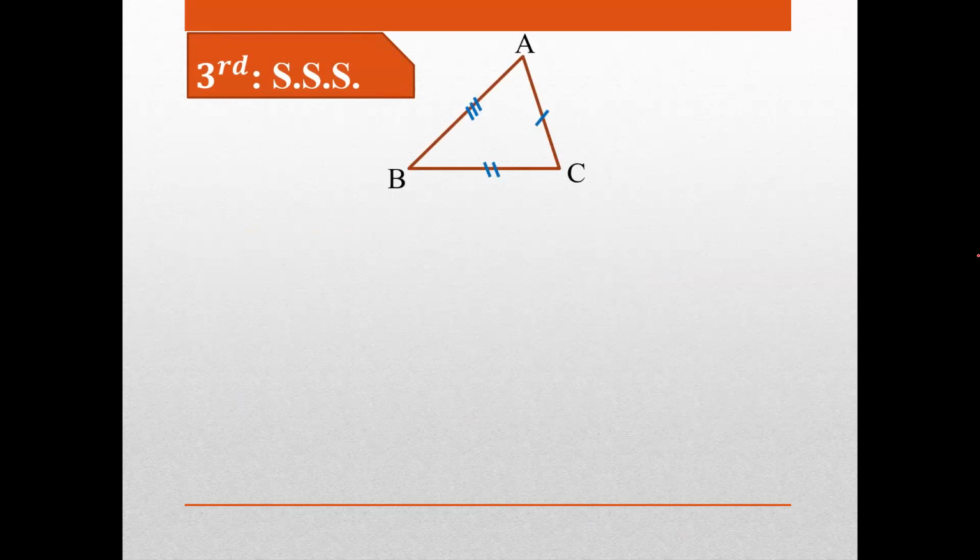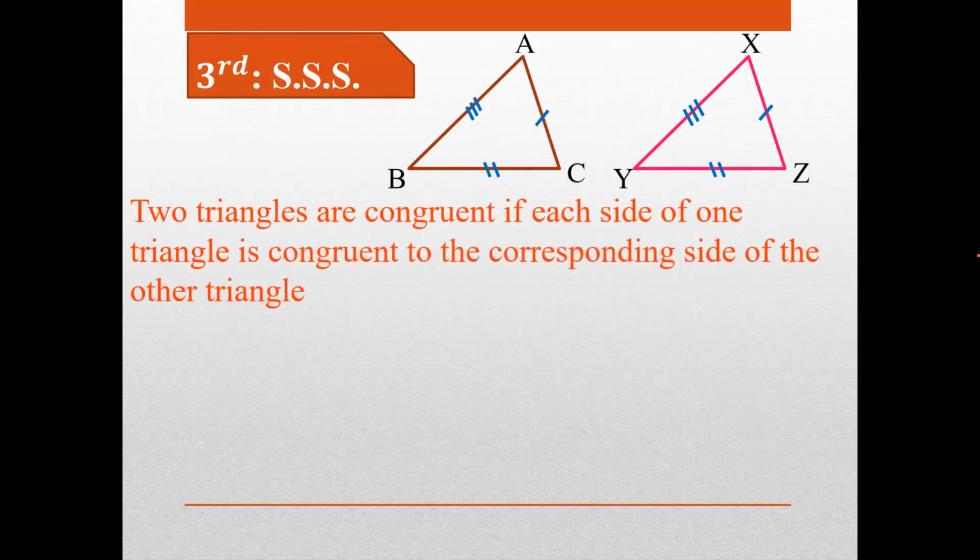The third case is side, side, side, the three sides of the triangle. Let's read our case. The two triangles are congruent if each side of one triangle is congruent to the corresponding side of the other triangle.